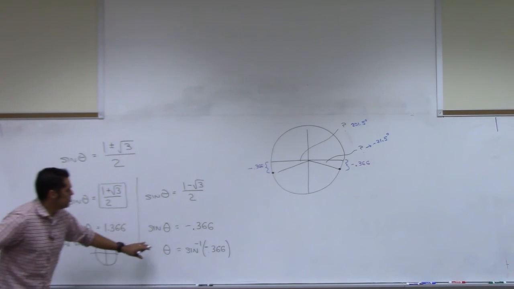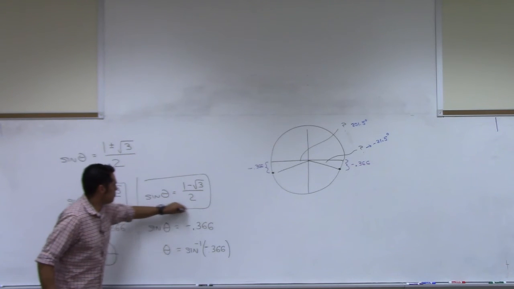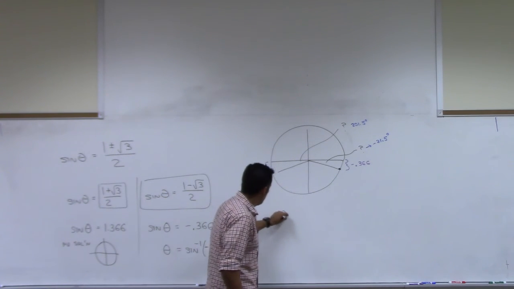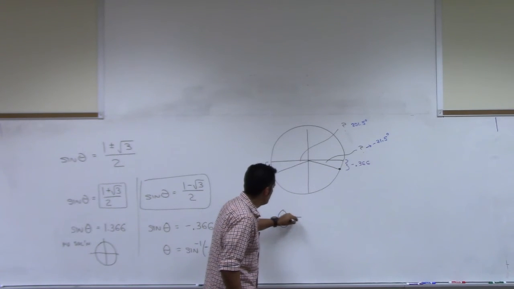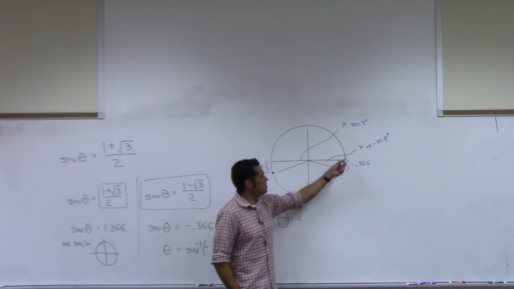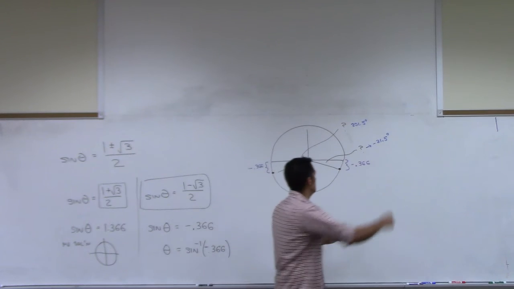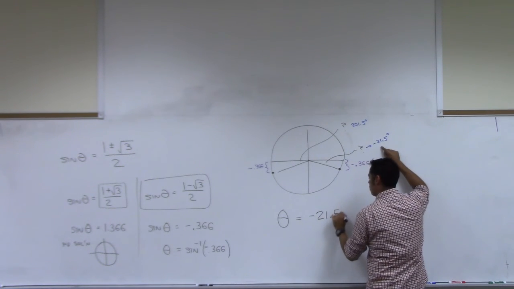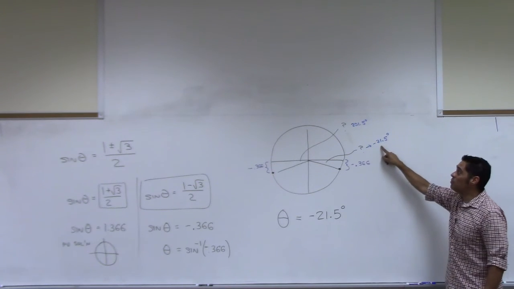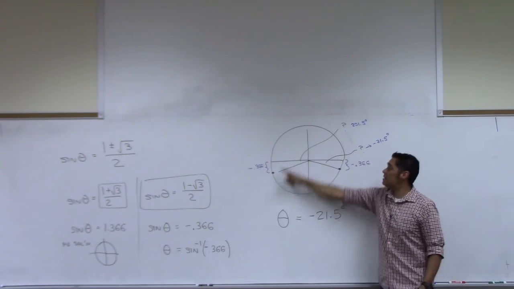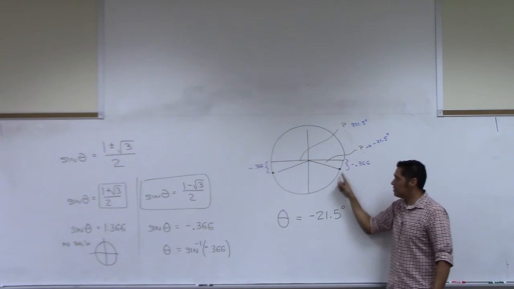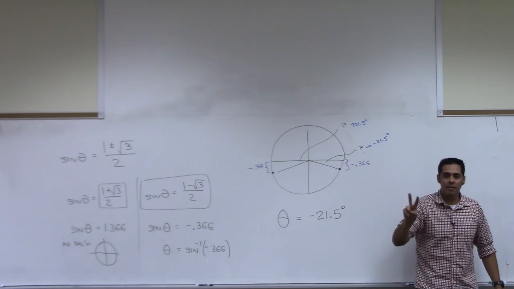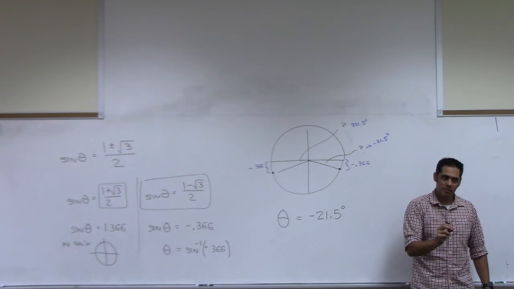So from this right here, what could you tell me about theta? Theta would have to be this angle, which is negative 21.5 degrees, but you also need to be able to come back to this angle. How could you come back to this angle? You would add 2 pi, right? But we're in degrees right now.